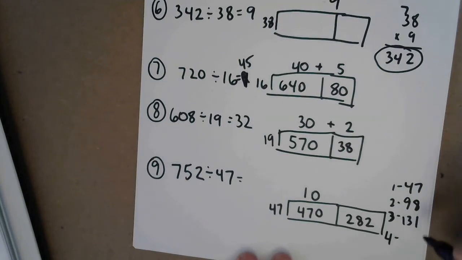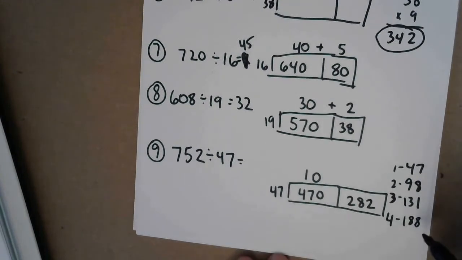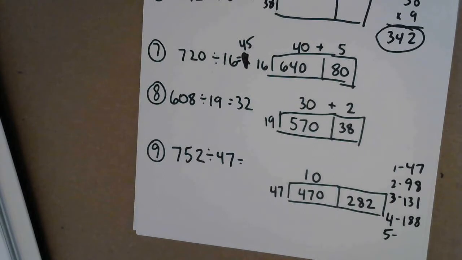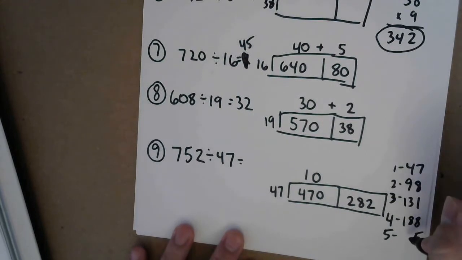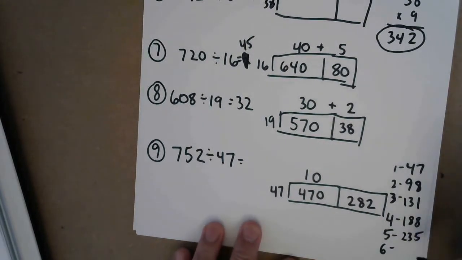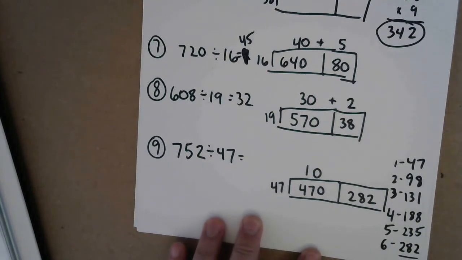Let me just add on 47 to this, and I'll get 188. I could add on another 47 to 188, and I would get 235. And then I could add another 47 onto that, and I would get 282. Ding, ding, ding. There's my answer, 282.